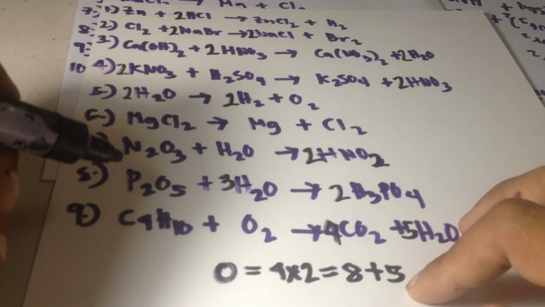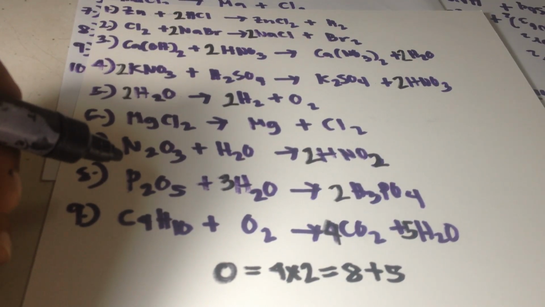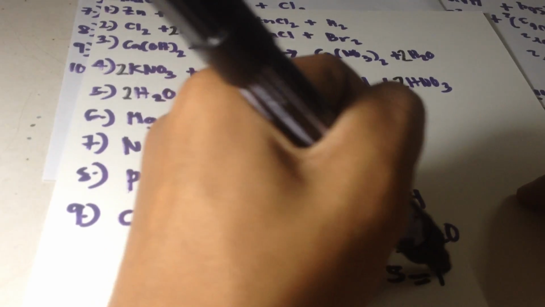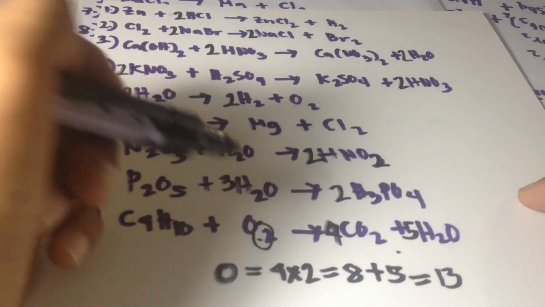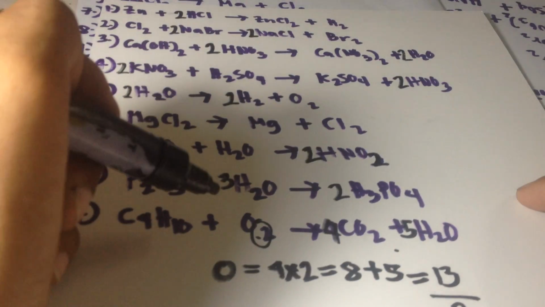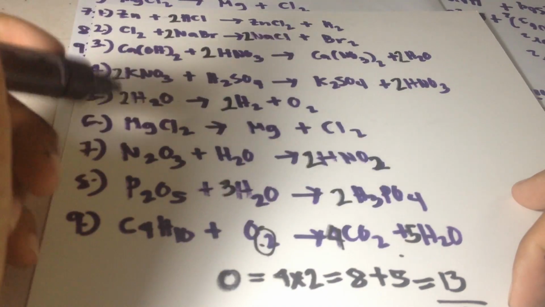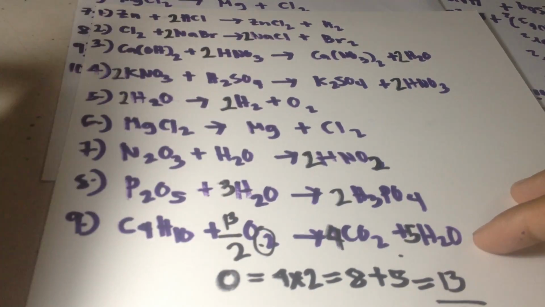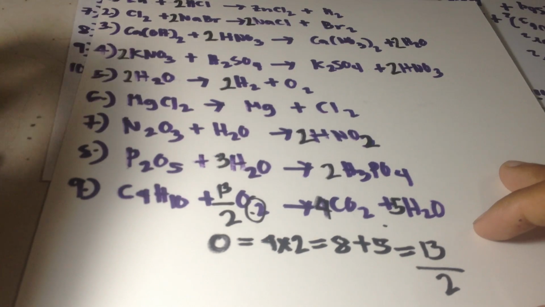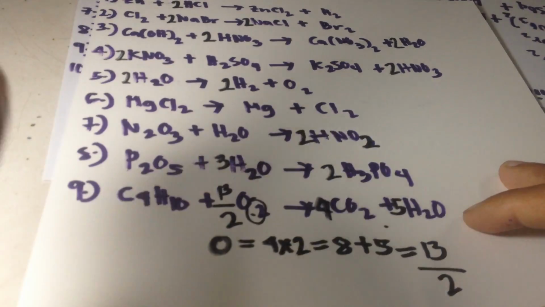So 8 plus 5 equals 13. So 13 divided by 2, 13 over 2. So you need to put 13 over 2 here. So it's completely balanced.